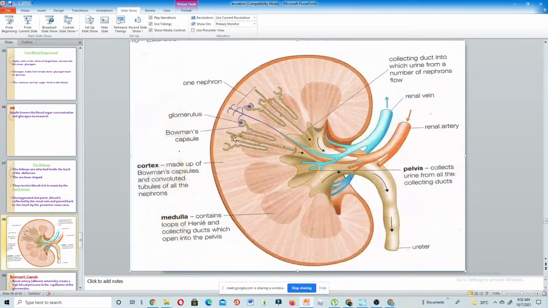The nephron is basically the yellow sections. In this image you're only seeing two nephrons, but in real life, in an actual kidney, we have approximately 1 million.